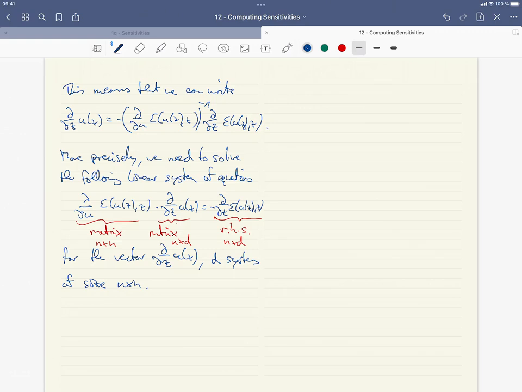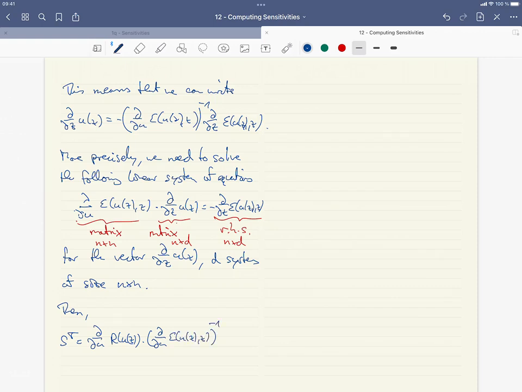And finally, once I have done this, I have a formula for the sensitivities. So then the sensitivity vector is given like this. So we have d over du r of u of z. And now comes the formal solution, again written with the inverse matrix.